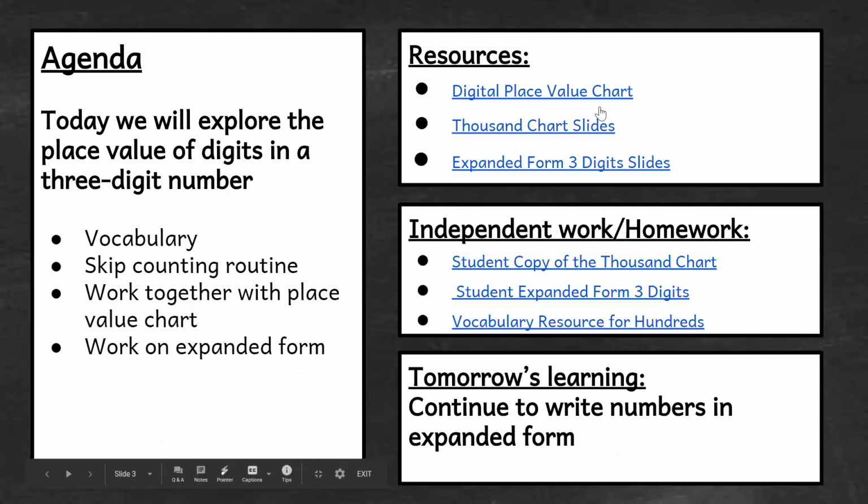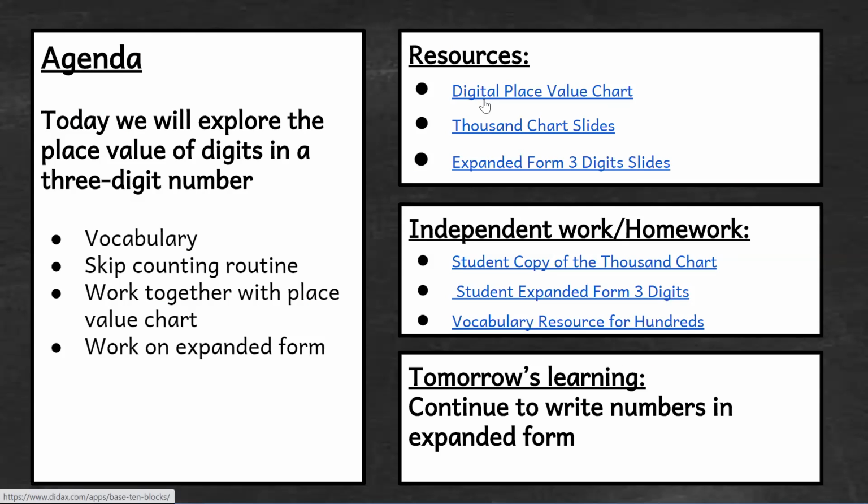All right, so our agenda for today. Today we will explore the place value of digits in 3-digit numbers. And we will be doing some vocabulary. We're gonna be doing some skip counting routines. We're gonna work together with a place value chart, and we're gonna work on expanded form.